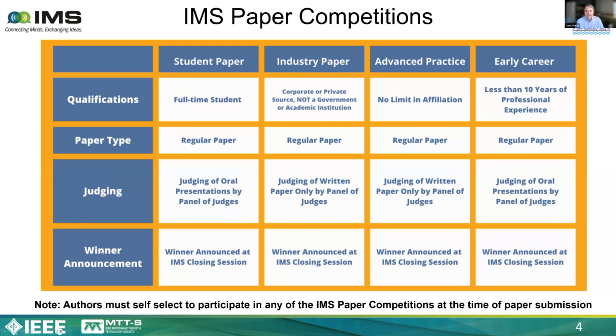And then how it's judged and the winner announcement. So we have student papers, which are to be submitted by full-time students, and they'll be judged by the oral presentation by a panel of judges at the conference. And the winner is announced at the IMS closing session.